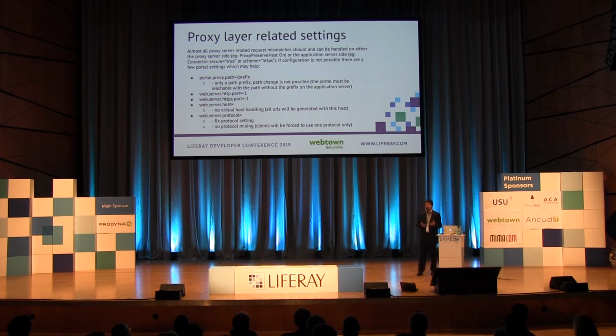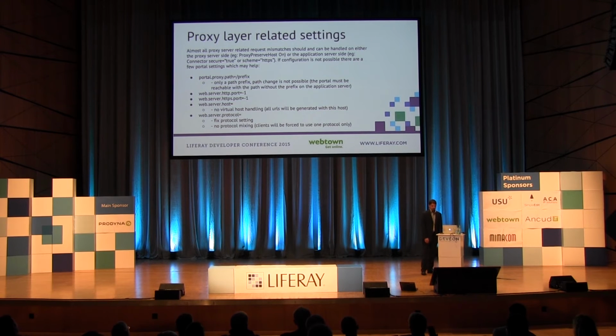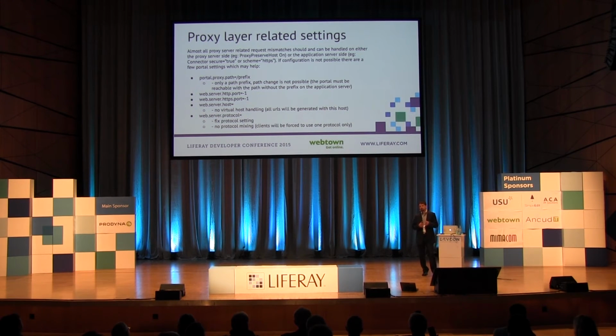It is not unusual to have various configurations. For example, a request coming from the client in HTTPS, but then directed to the portal through HTTP, because IDS systems want to track the traffic or something like that, so internal traffic may not be encrypted. That's a common setup, and there can be problems when you just rely on the request itself to generate URLs.